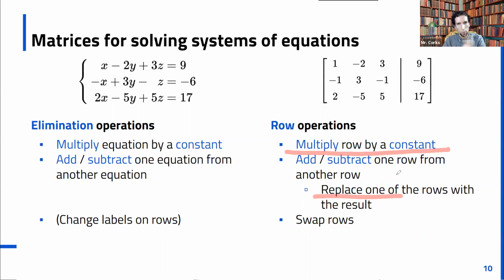We take whatever row was our target, we get rid of it, and we replace it with the result of the operation. And then we can also just swap rows if we see an opportunity. But the multiplying and then adding and subtracting rows, that's the main thing, just like doing actual elimination.